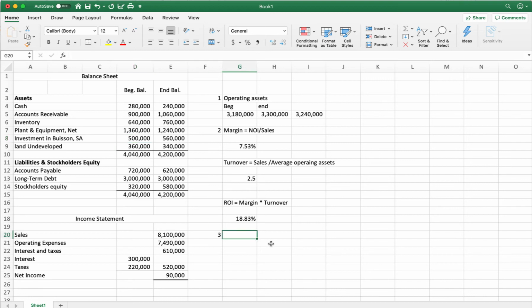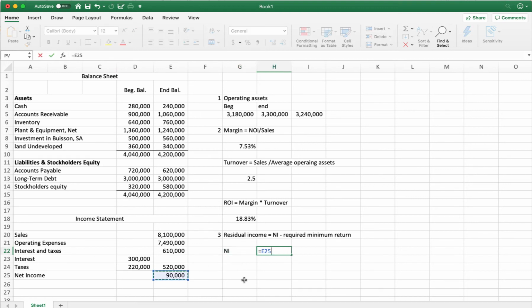So what we're going to do to calculate residual income, we're going to take our net income and we're going to subtract out the required minimum return.